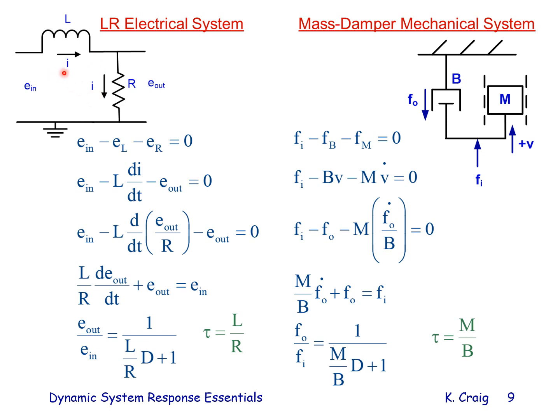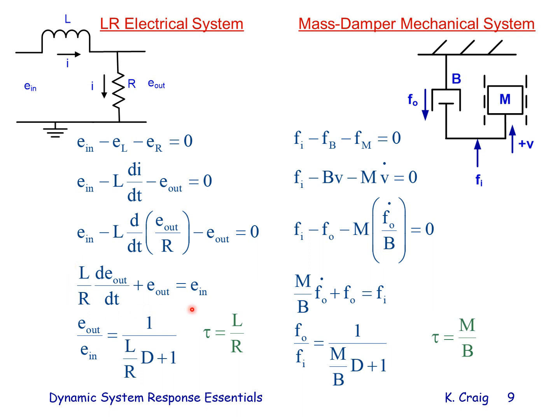Voltage drop across the inductor is L di/dt. And the voltage drop across the resistor we define as E out. E in minus L, and in place of I use the current going through the resistor, which is E out over R. So I have minus L times the derivative of E out over R, minus E out.